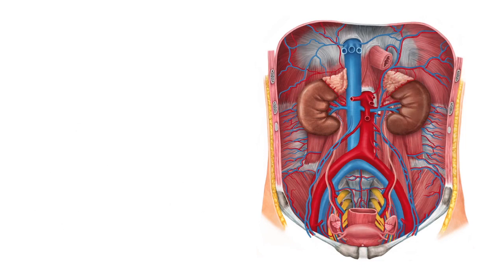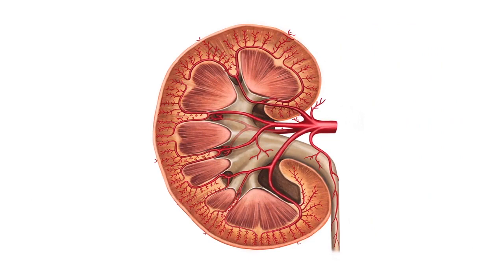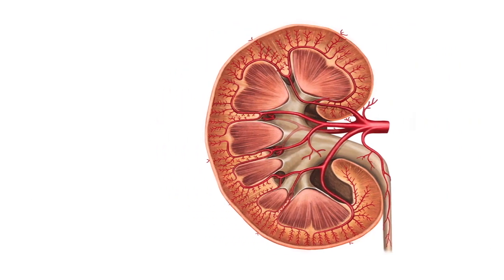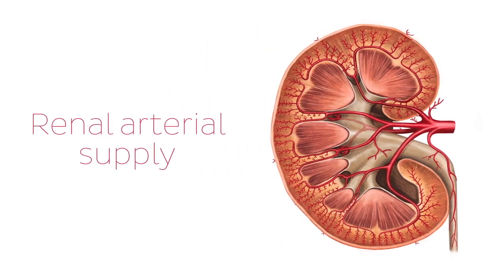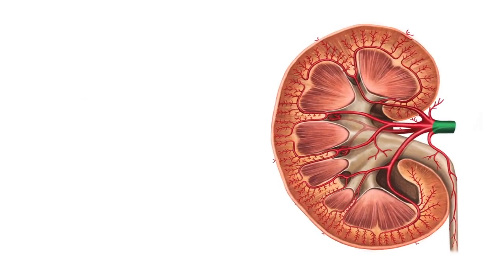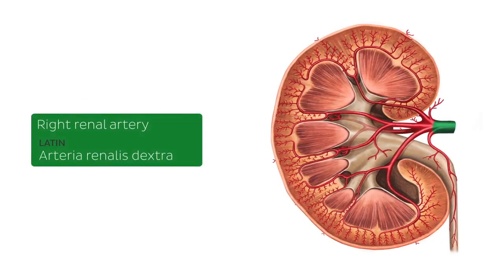Now we're going to move on and talk about the topic of this tutorial, where you now see a section of the kidney. We're cutting it in half and exposing here the blood vessels that we're going to be discussing. So now you're seeing the renal arterial supply, and we're going to start off with this one that you see now highlighted in green. This is the main renal artery, so we call it the right renal artery.